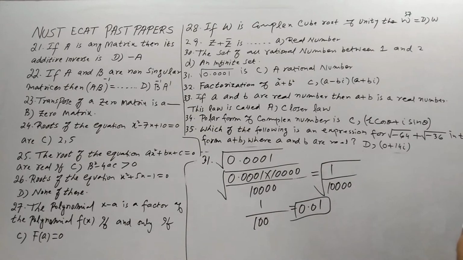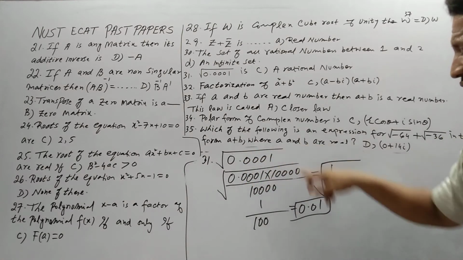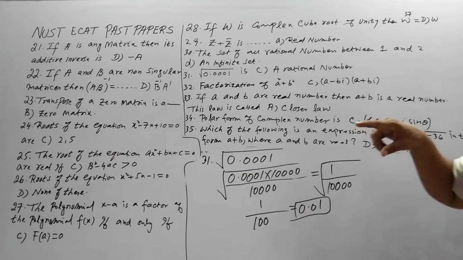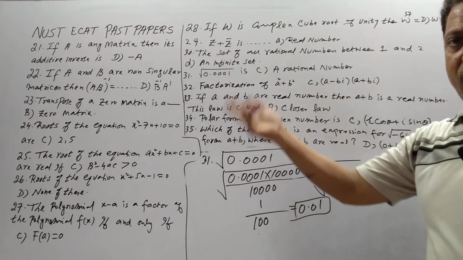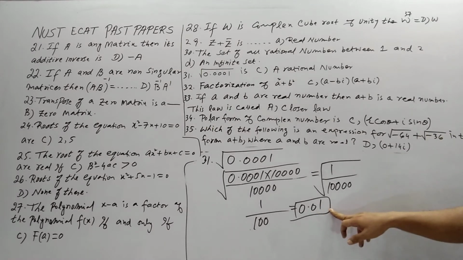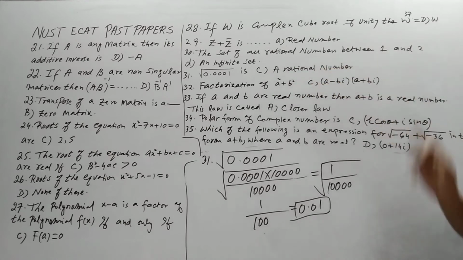Therefore, the square root of 0.0001 is 0.01, and the question asks what the square root of 0.0001 is. Obviously, this is a rational number. Therefore, the correct option is C, a rational number. Hope you understand.